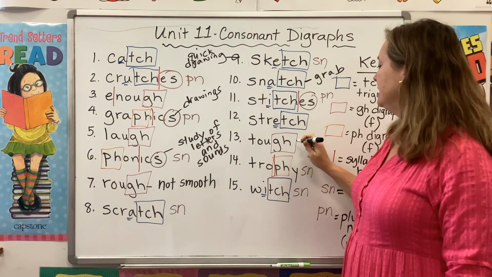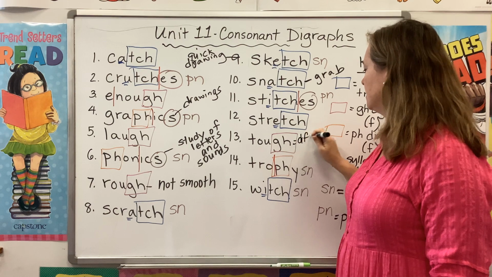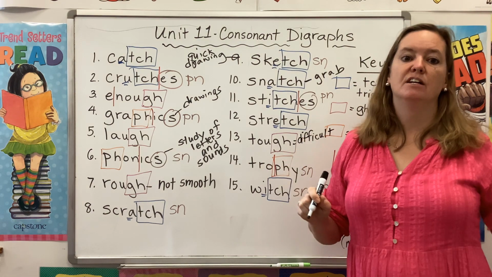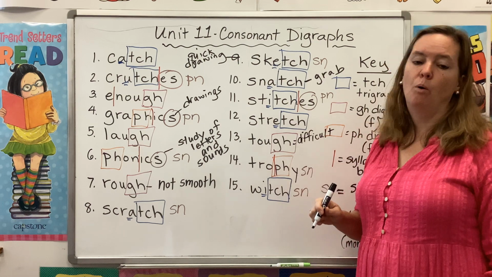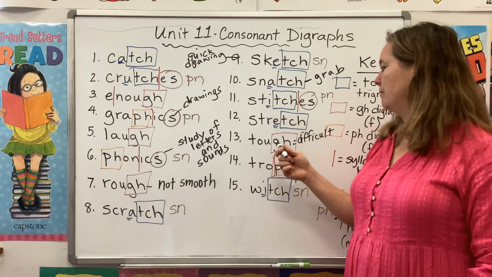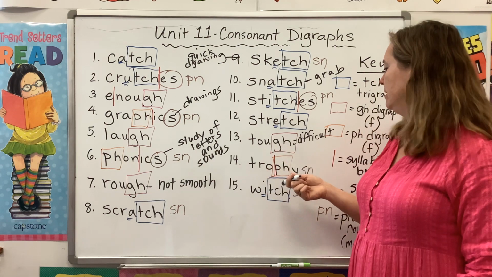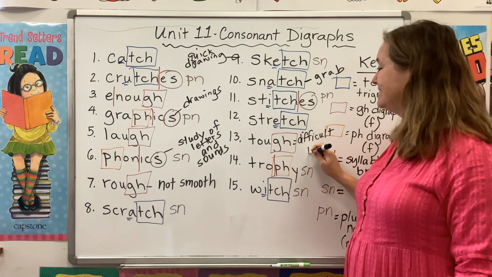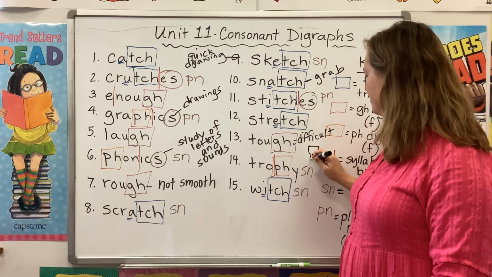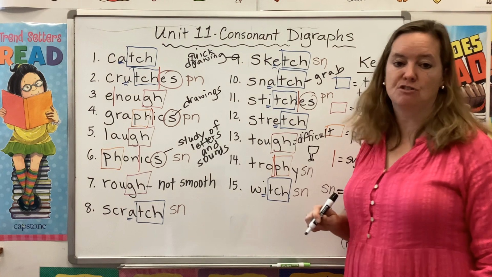Tough can mean difficult. Like, oh, we had a tough journey home. Our flights kept getting canceled. We hit turbulence, right? So tough can mean difficult. A trophy, well, let me sketch a trophy for you. Oh my gosh, that doesn't really look like a trophy.